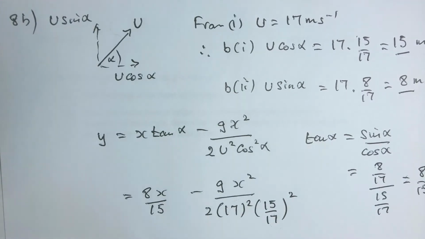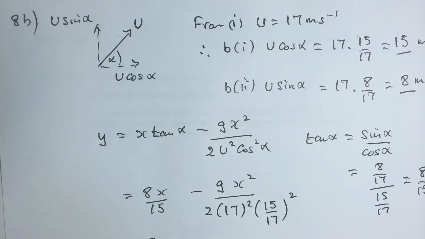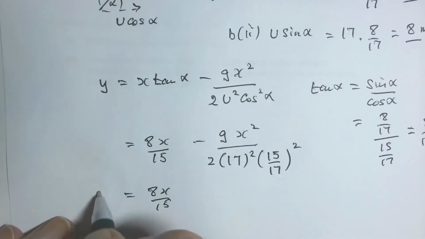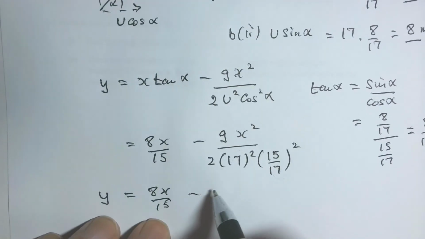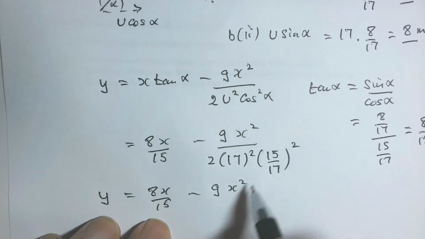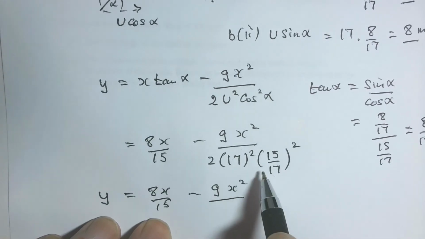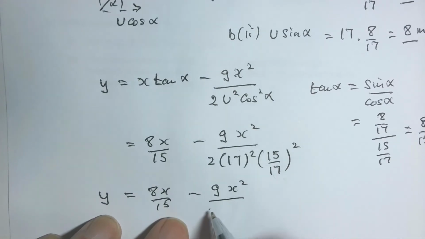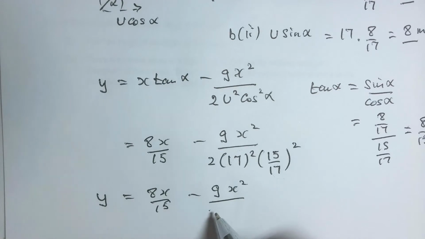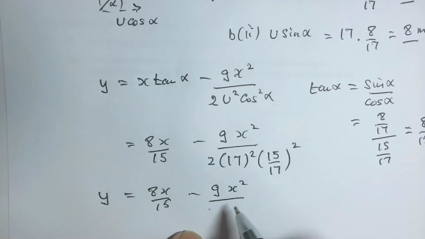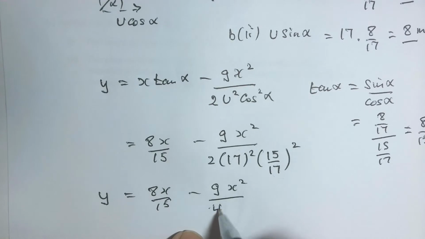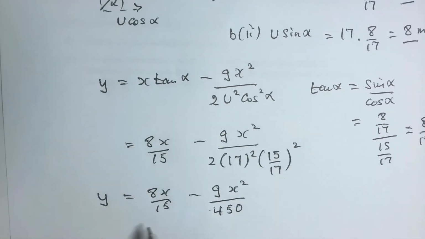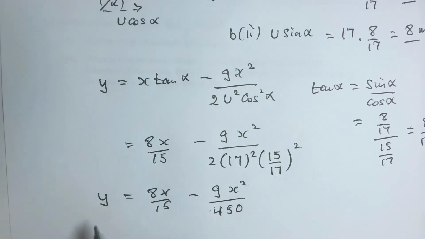So y equals 8x over 15 minus g x squared over 2 times 15 squared, which is 2 times 225, so 450. Check that out. And there's the equation for the exact trajectory.